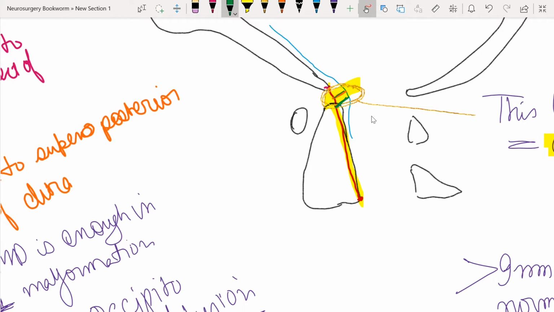So what is the importance of this line? In the normal population, it is generally less than 9 millimeters. It is rarely more than 9 millimeters in the normal population.